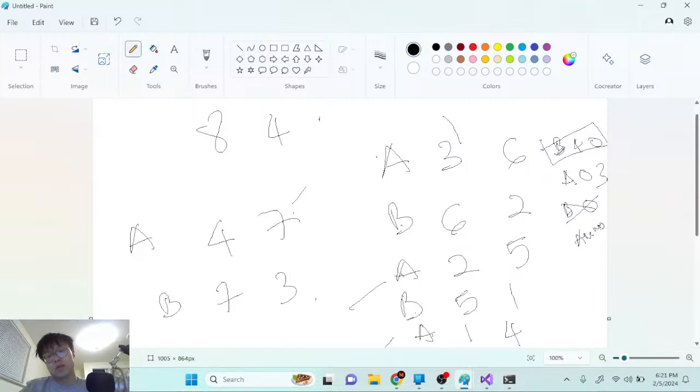So, Bob's turn, it's going to be 4-0. This is the end of Bob's turn. So now it's Alice's turn. End of Alice's turn, it's going to be 0-3.